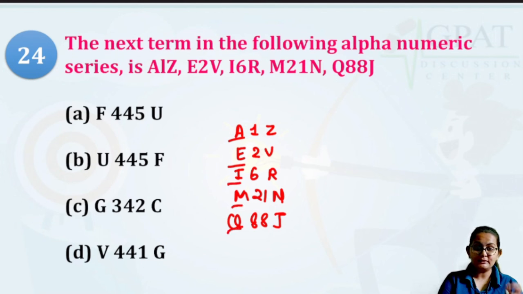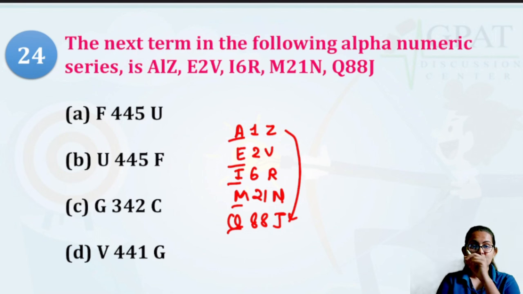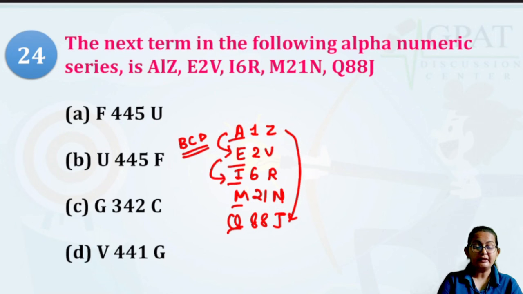There is a certain series which is getting followed, and here a similar series is being followed. What kind of series is this? You have to check the alphabetical series. What is the difference between those letters? Like between A and E, how many letters are there? B, C, D. So a difference of 3 letters, and then comes E. Then between E and I, how many letters? F, G, H. Then comes I.